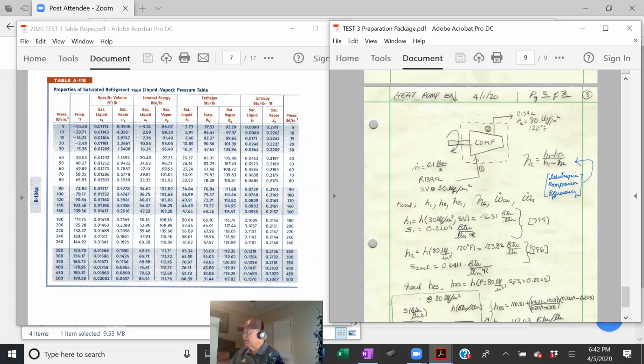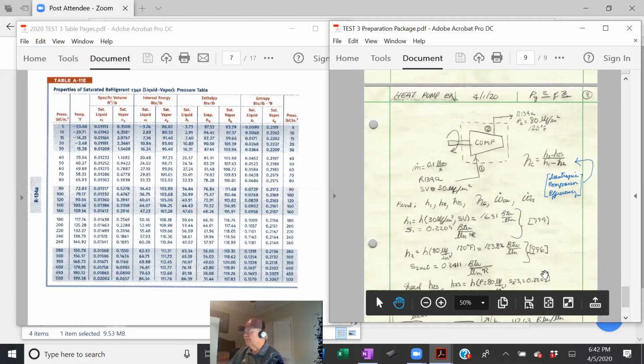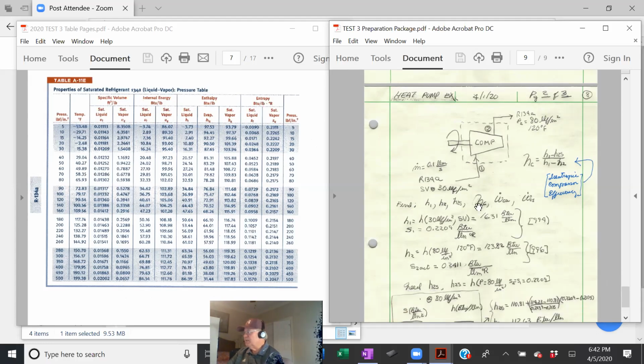Actual conditions on the exit are 80 psi and 120 degrees F. And we want to find H1, H2, H2S, isentropic compressor efficiency, the actual work of the compressor, and the isentropic work of the compressor.